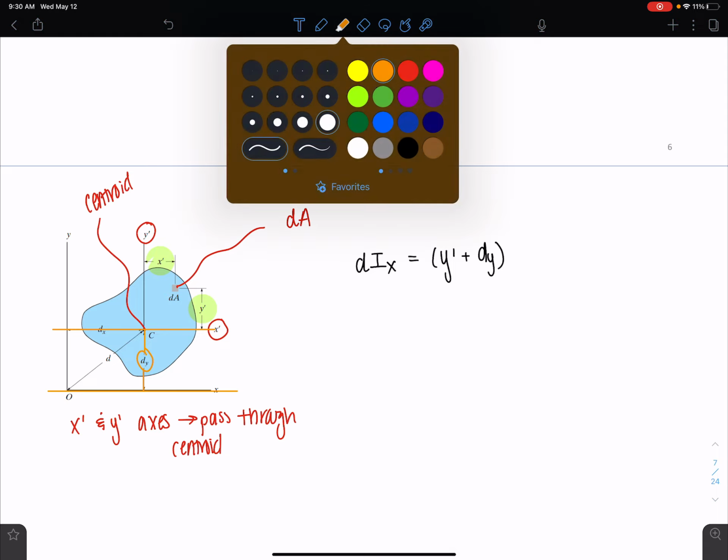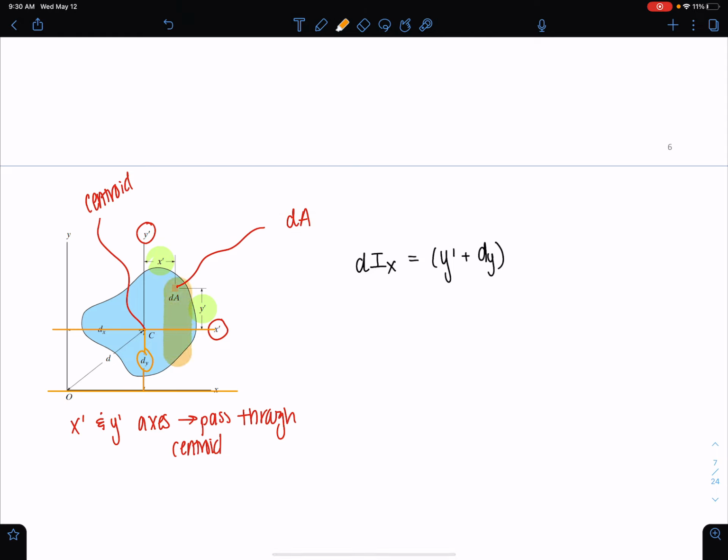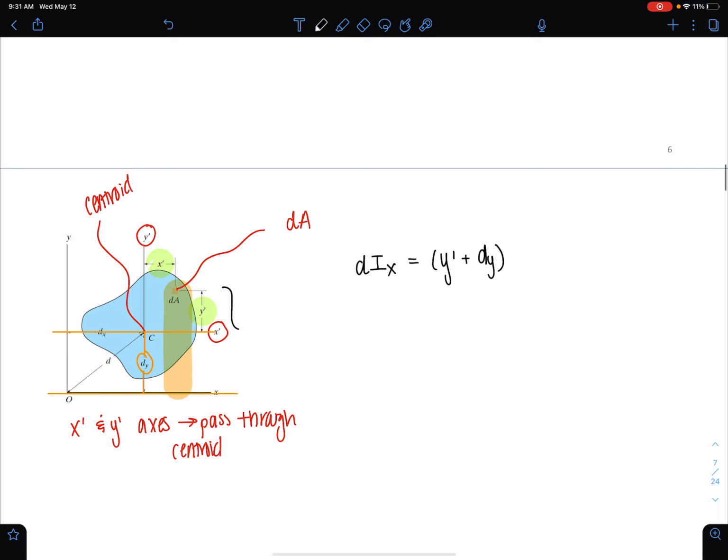We need the total distance away from the x-axis, which would be y prime plus dy, okay? And then we would take the dA, right? And then for the entire area, this is just for the differential area.